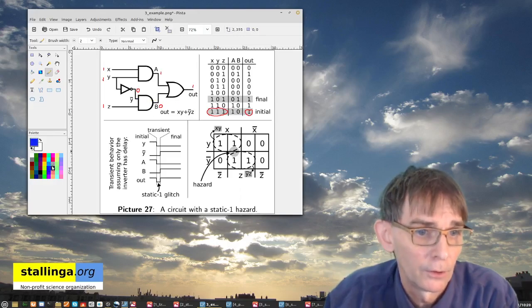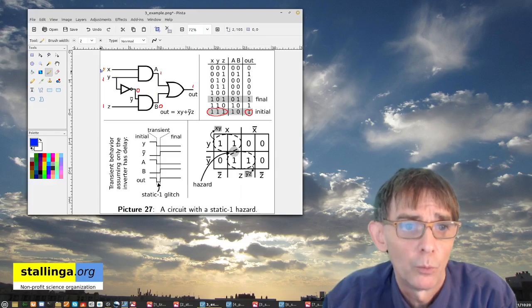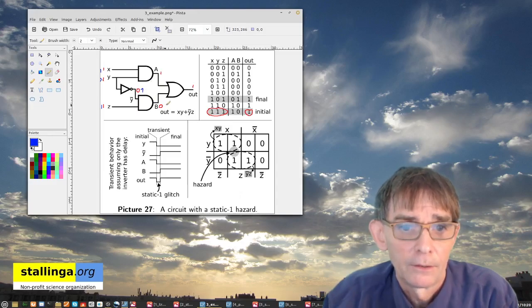Let me change the color here, let's put blue. And now we want to go to the final state. We only switch Y, so we have here 1, 0, 1, and this one goes to 1, meaning this gate goes to 1, and this gate is 0 and 1, goes to 0, and the output is also 1.